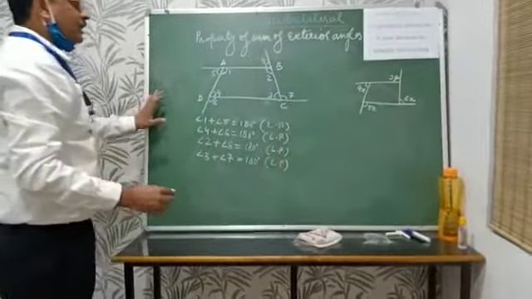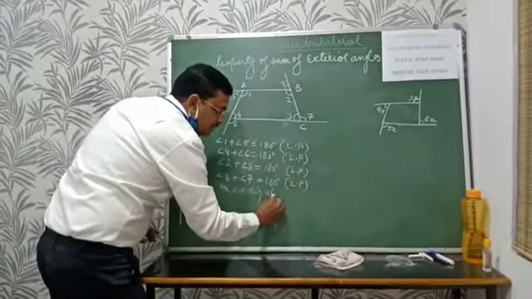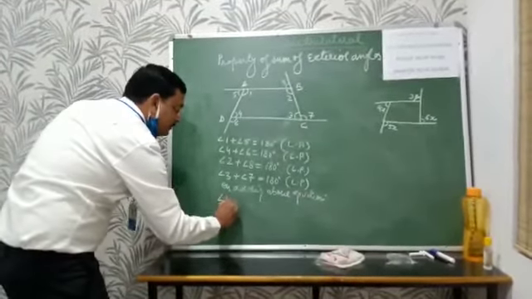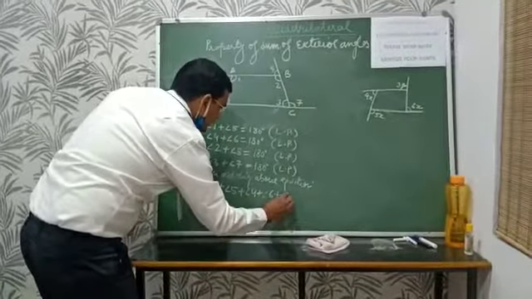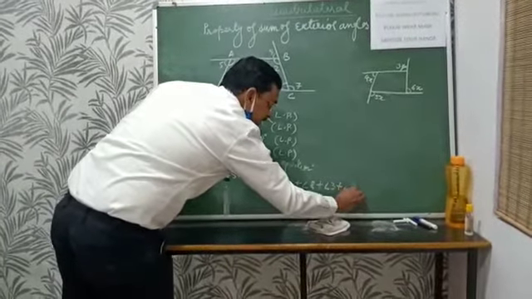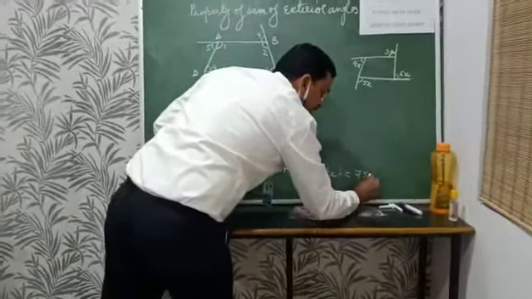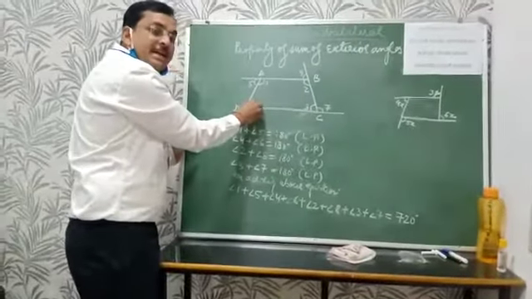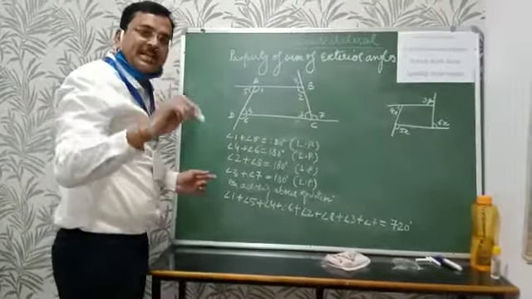It's a linear pair. Now add all these four equations. On adding the above equations: angle 1 plus angle 5, angle 4 plus angle 6, angle 2 plus angle 8, angle 3 plus angle 7 is equal to 180 plus 180 plus 180 plus 180, which is equal to 720 degrees. Now angles 1, 2, 3, 4 are the interior angles of the quadrilateral, and angles 5, 6, 7, 8 are the exterior angles of the quadrilateral.